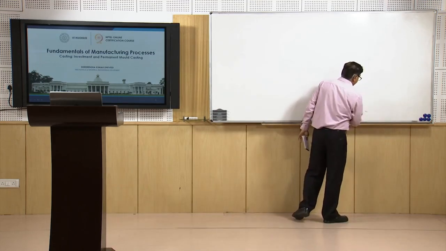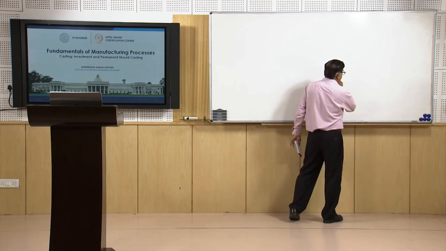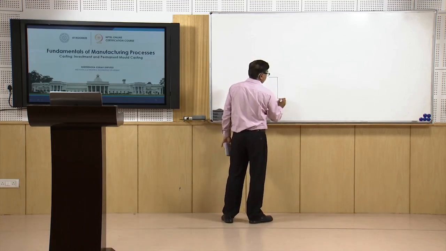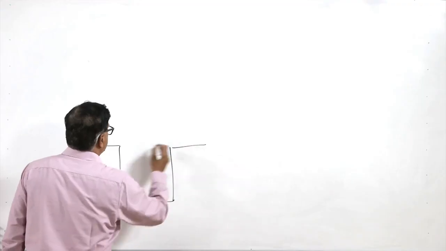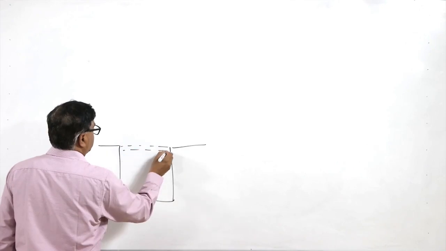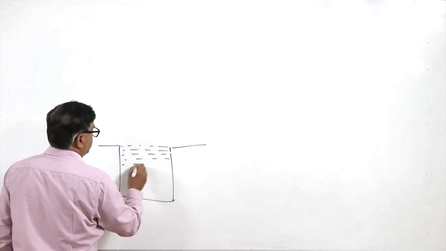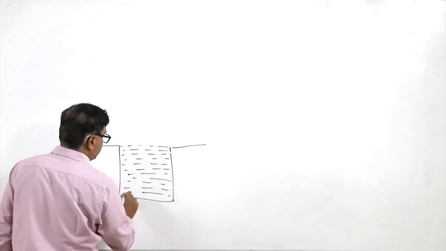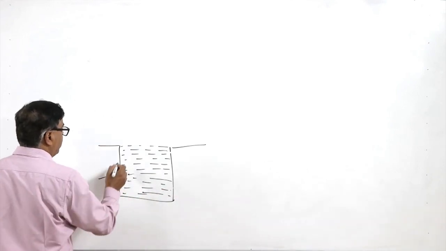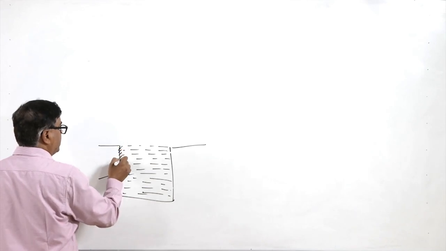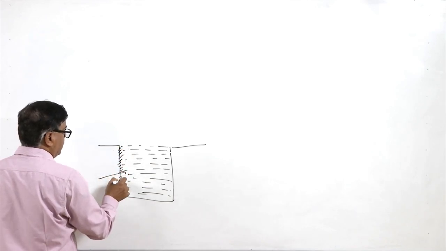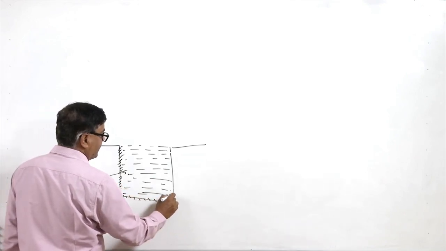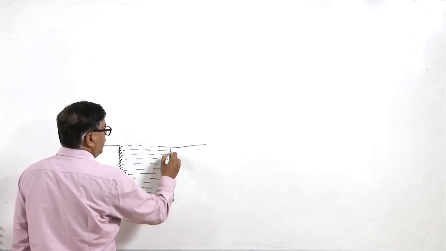We know that these permanent molds are made of metals. So, when the metal in molten state is poured into the mold, then on solidification, the metal of the casting will have a tendency to stick with the mold wall.